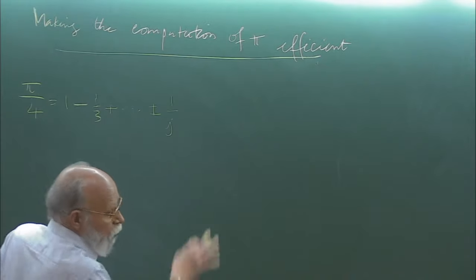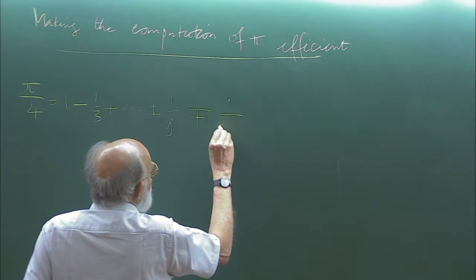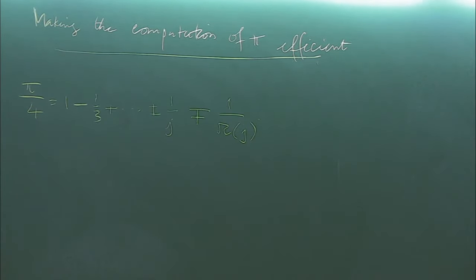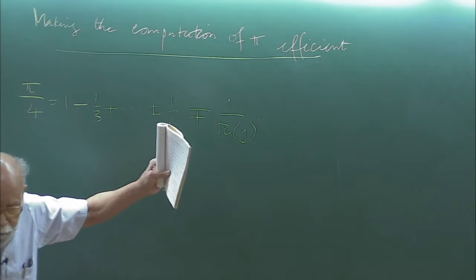Then, of course, there is a leftover. I call it the remainder, the reciprocal of the remainder, 1 over rj. Then he says, what can I do? What do I know about rj?